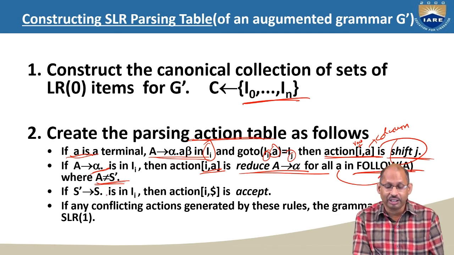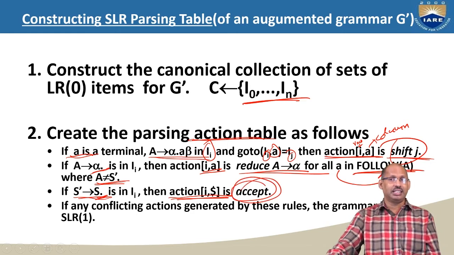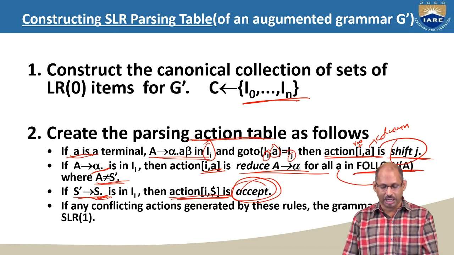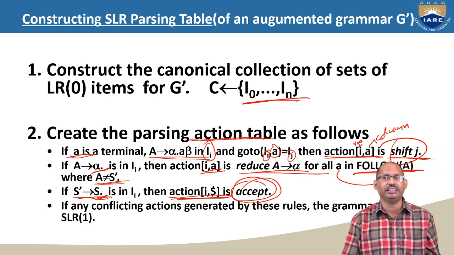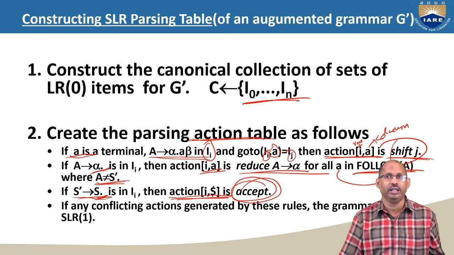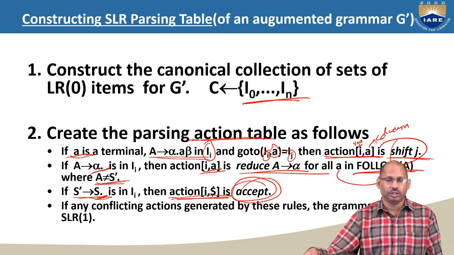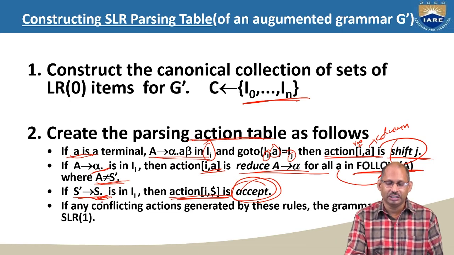If the dot is at the end of the first production, simply we write action I comma dollar sign is accept. If S dash gives S dot in some I set, then action I comma dollar is simply accept. It is a special production, right?